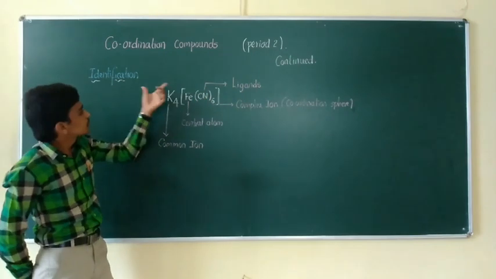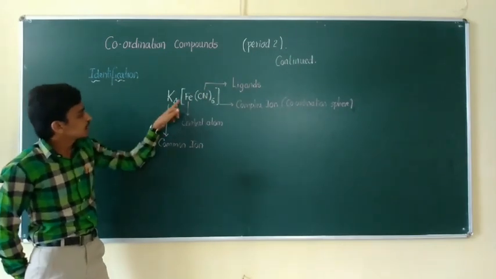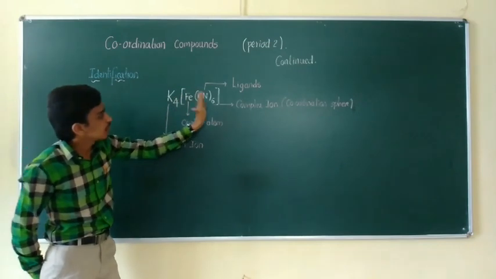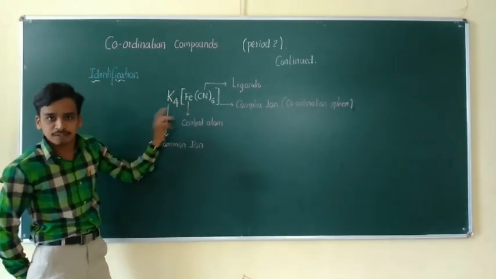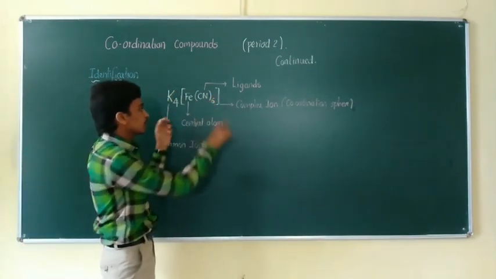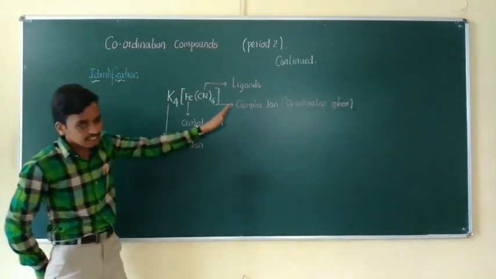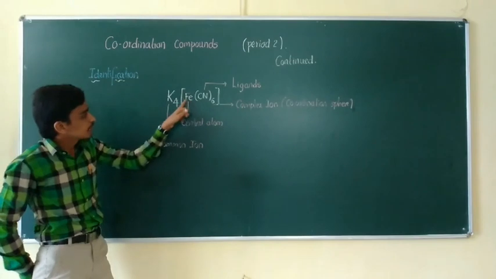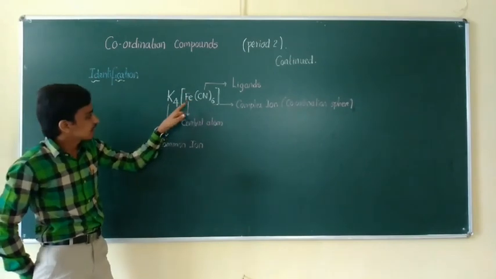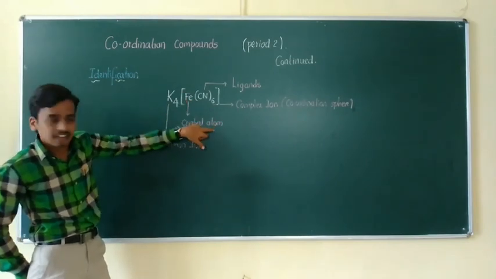These are the main important parts of this complex salt. One is the common ion part, outside the coordination sphere. Whatever is inside the square bracket is, as a whole, the coordination sphere, and in this coordination sphere a d block metal is present, that is iron, which is considered the central atom.